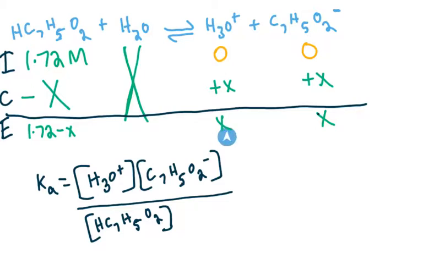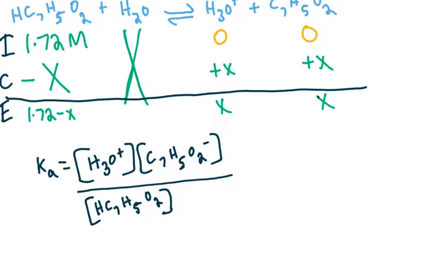So let's feed these values into the Ka equation. Next we're going to write Ka and feed the values in as shown in the ICE table. The concentration of H3O+ is X, so we're just going to put X.